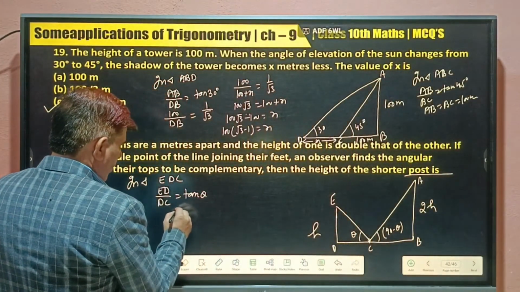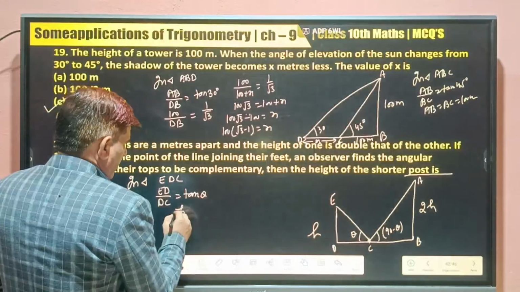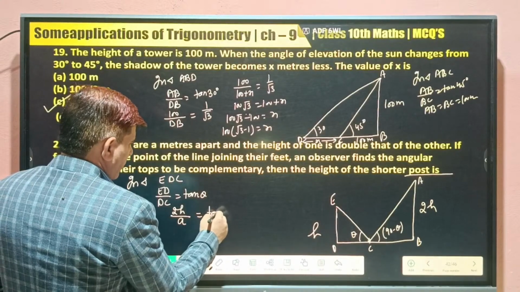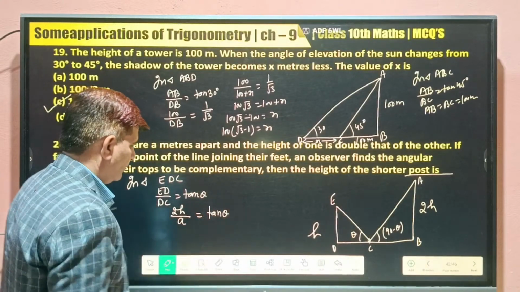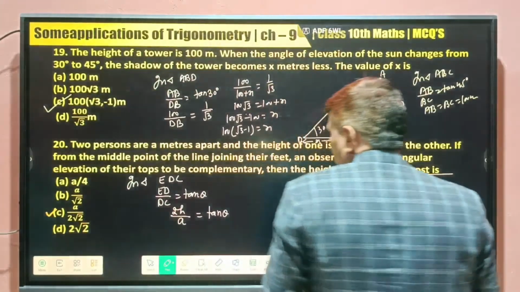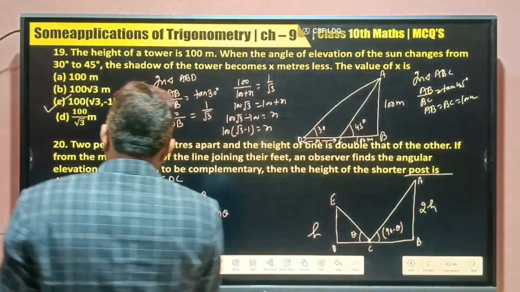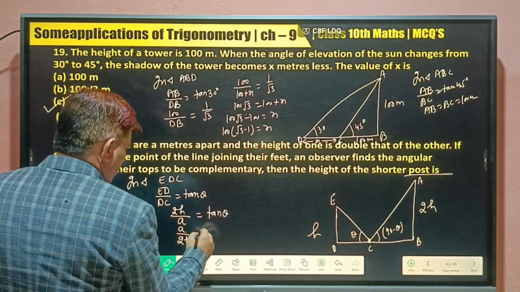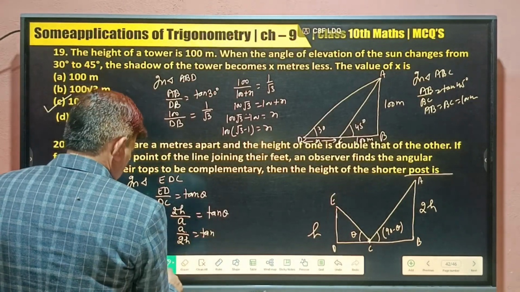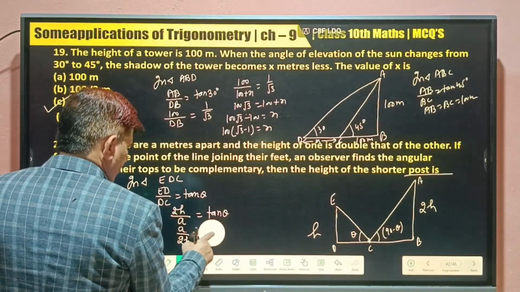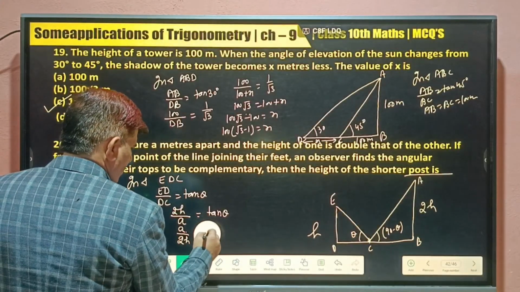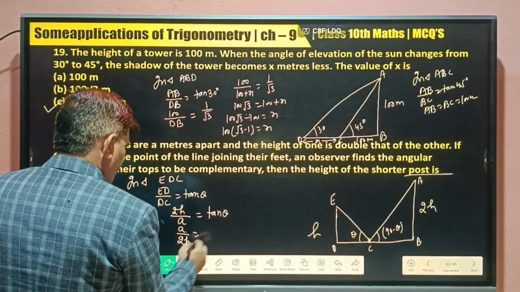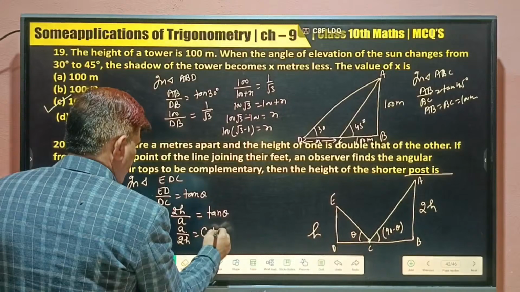ED equals H. So 2H by A is equal to tangent theta. Or this we can write A by 2H is equal to cotangent theta, the reciprocal of it. Leave it here.